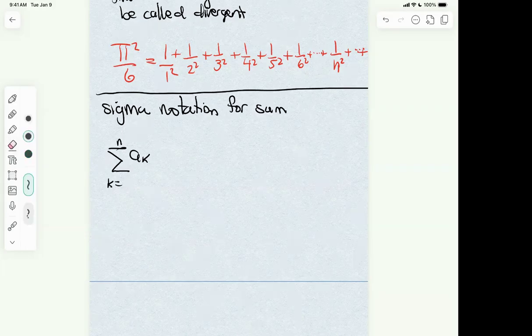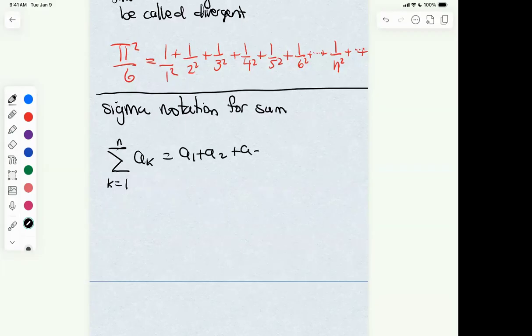Oh sorry, I'm supposed to start at one. What this notation means is A1 plus A2 plus A3 plus A4 up to AK. It's a very nice way to write the sum of the first k elements of a sequence. That's why sequences are very important here.